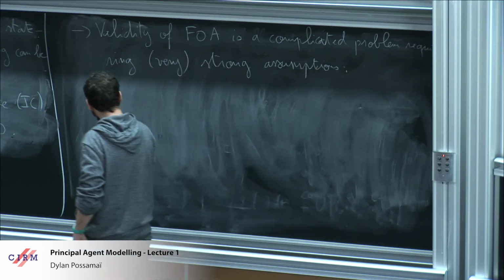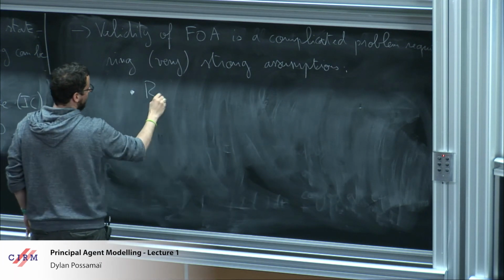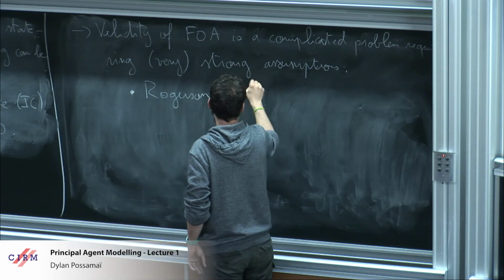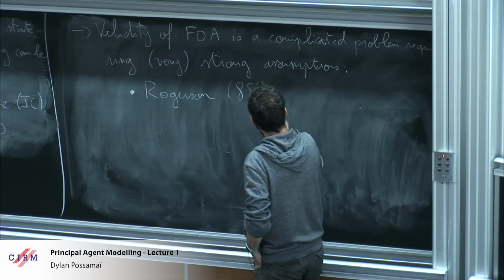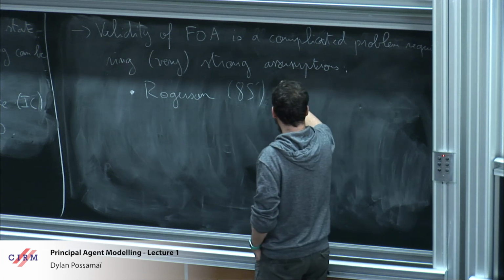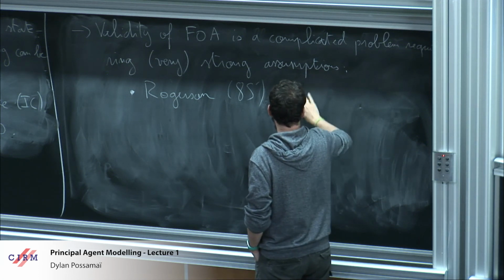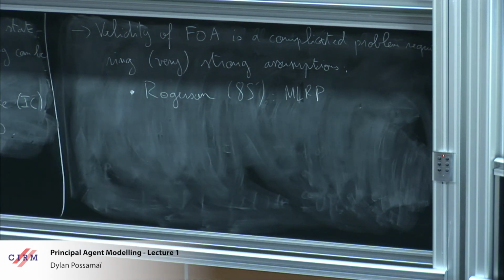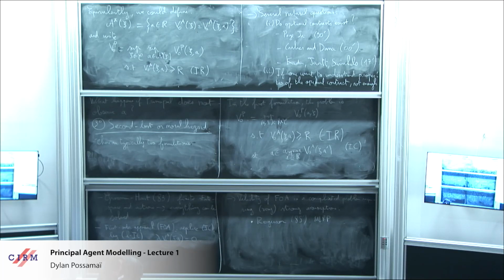So the main reference is this paper by Rogerson in '85. What he assumes is what's called MLRP, for monotone likelihood ratio property. And this says what? I just need to check if it's increasing or decreasing, because I always forget.